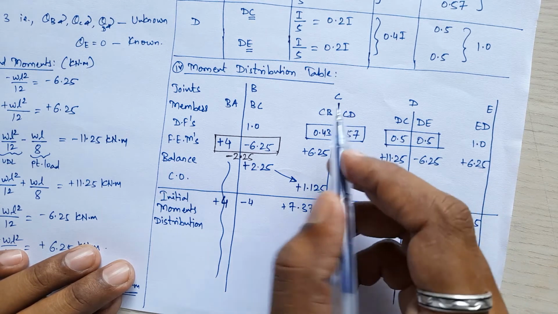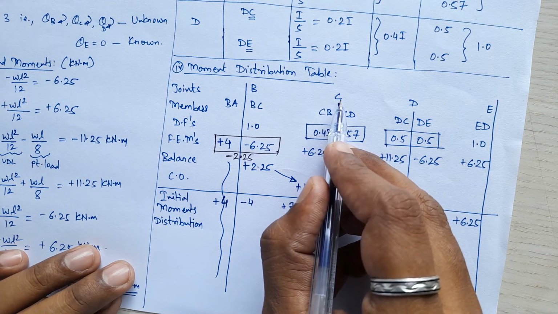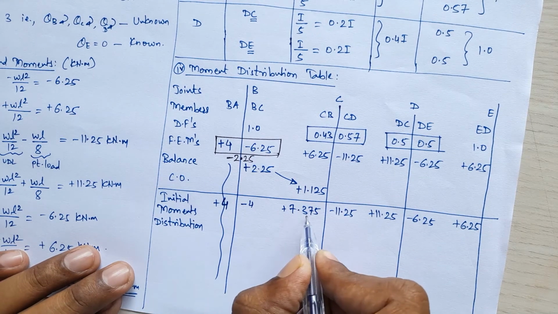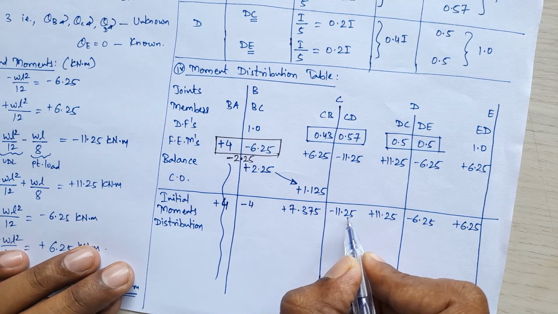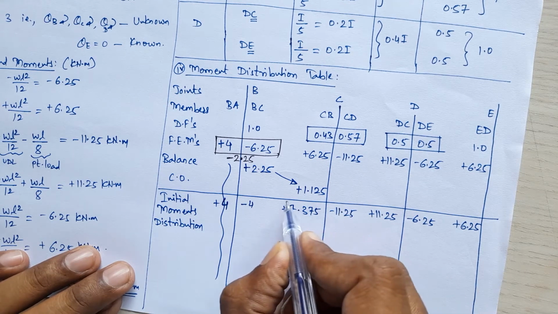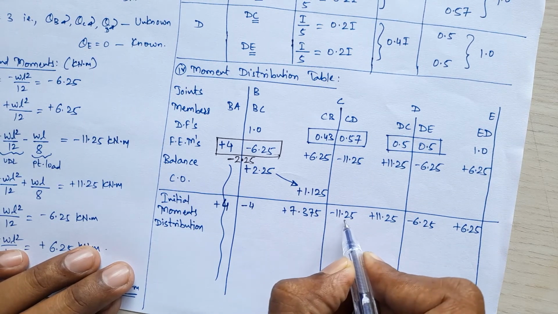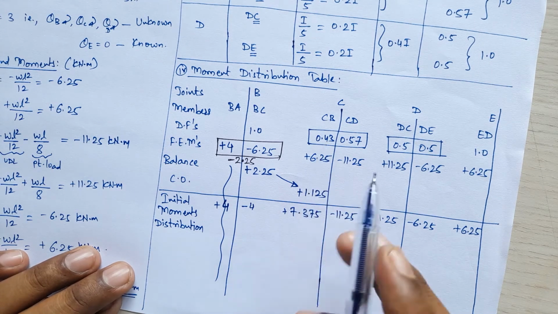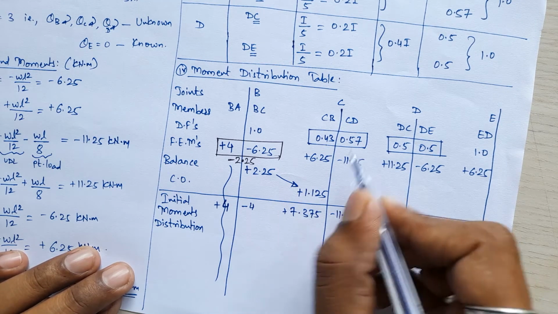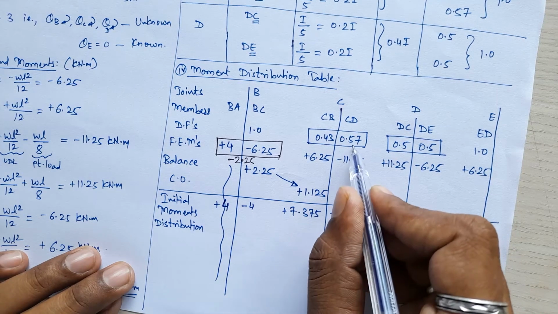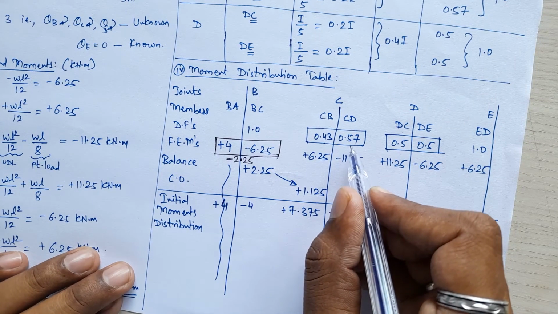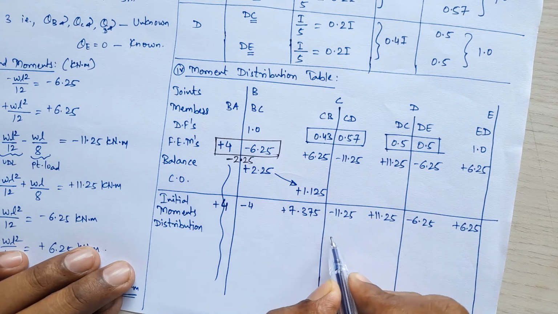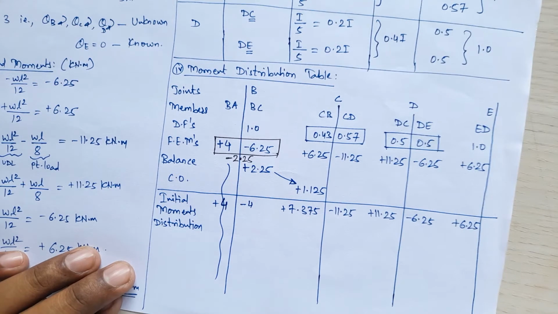You have to add the moments at the joint for which you have calculated the distribution factors, that is plus 7.375 minus 11.25. Multiplied by the distribution factor for CB, it will be your distributed moment for CB, and again this magnitude multiplied by your distribution factor for CD, that is 0.57, gives your distributed moment for CD.